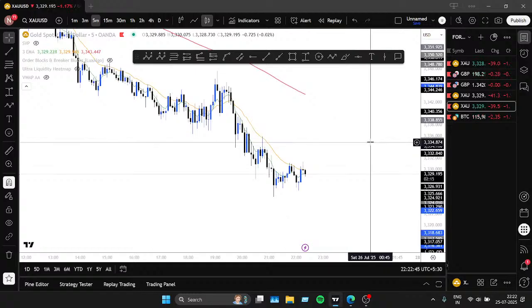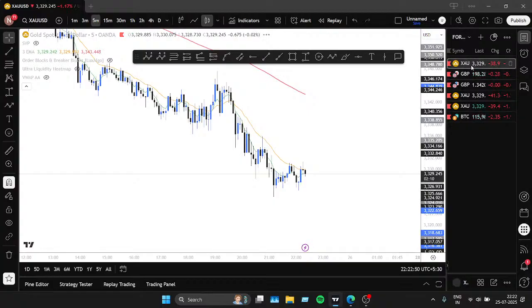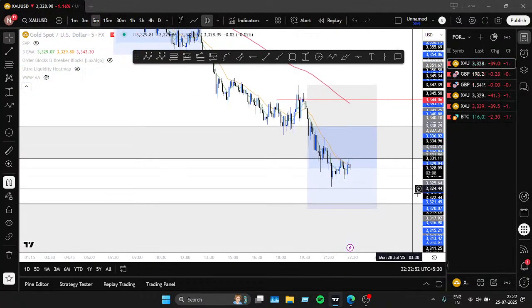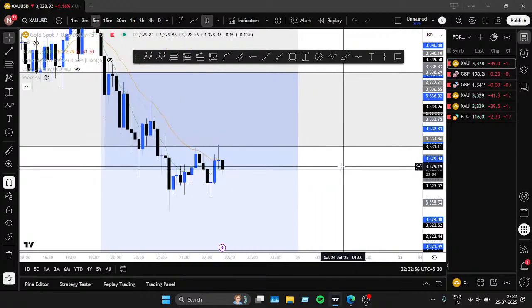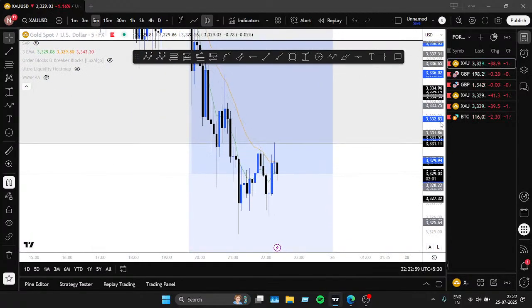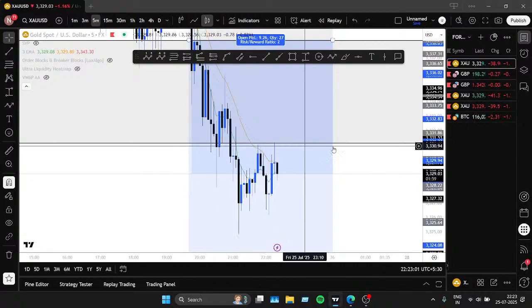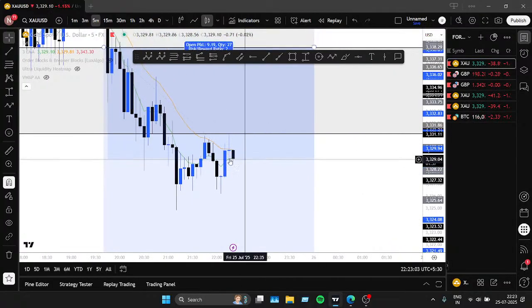And gold is giving a bearish reaction to the downside because gold just did another 5 minutes high liquidity sweep right here. So it swept liquidity and it's giving a reaction to the downside.